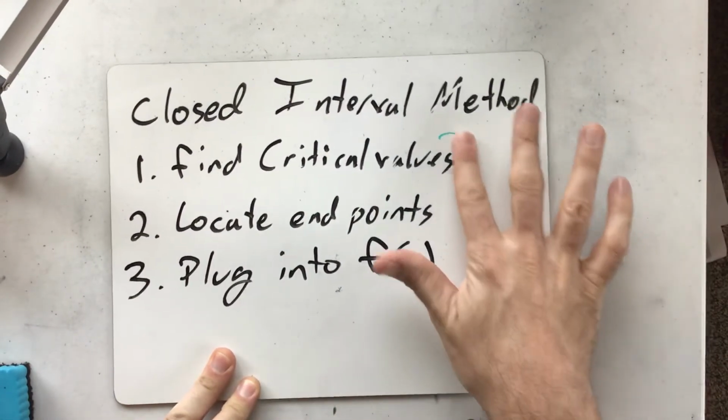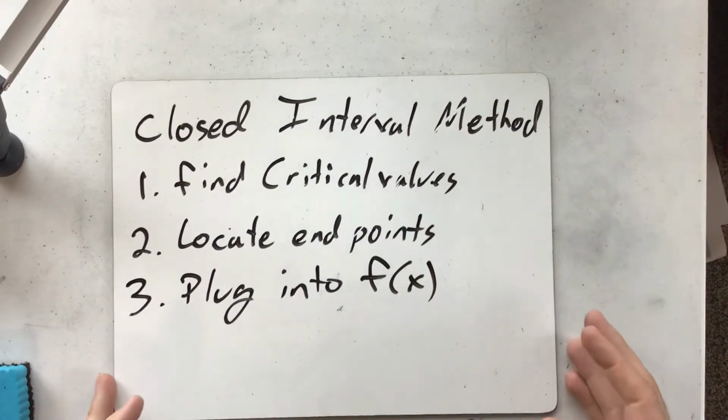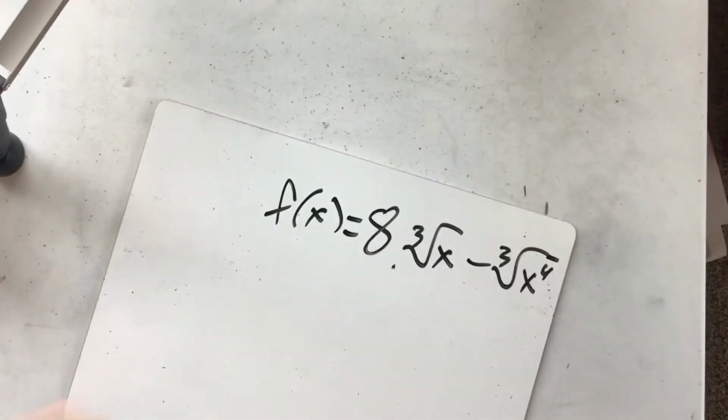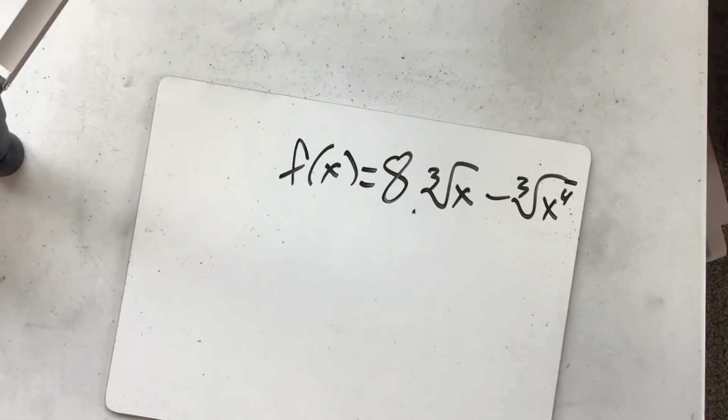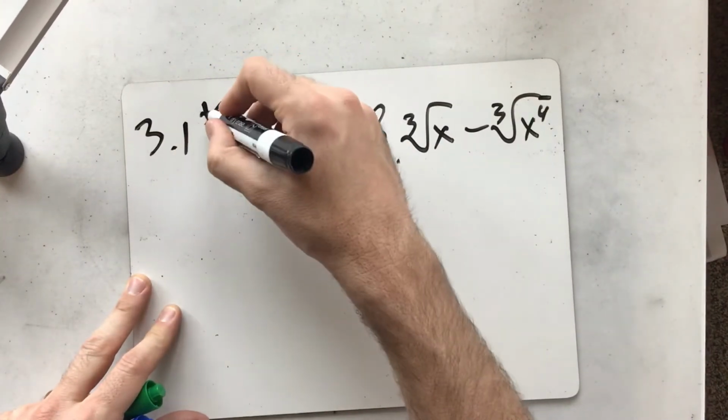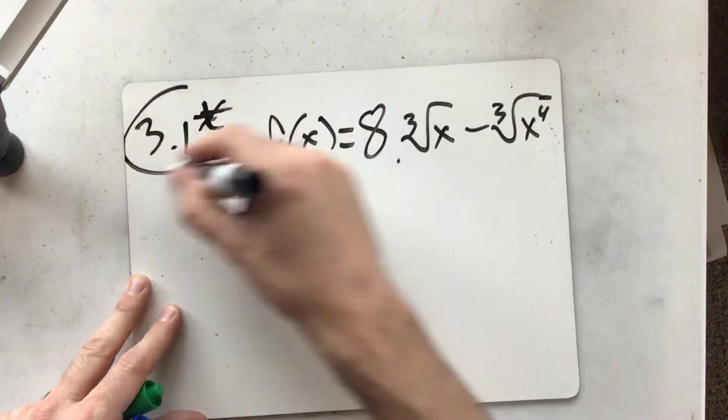Let's take that problem we did just a second ago and do the closed interval method on it. So I'm going to make up a problem for us. This is not in your notes, but it kind of complements 3.1. So we'll call it 3.1 star.